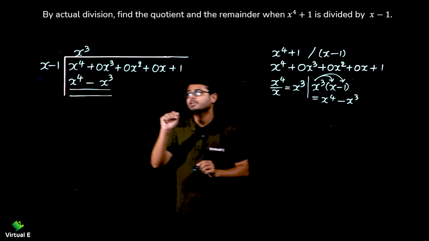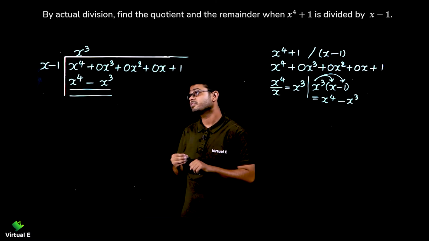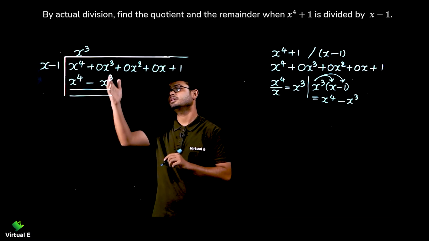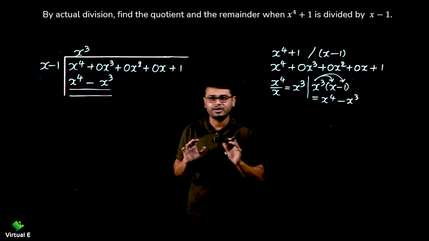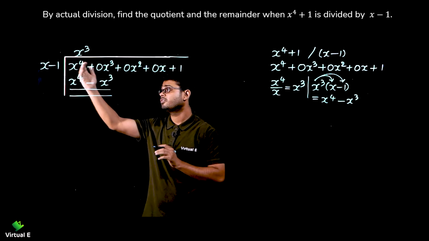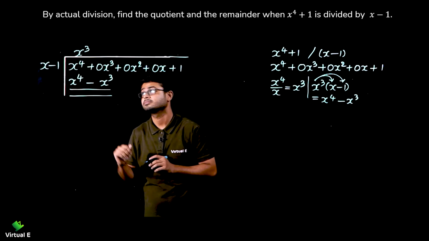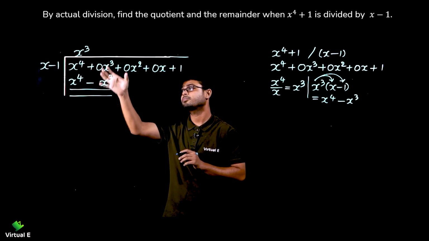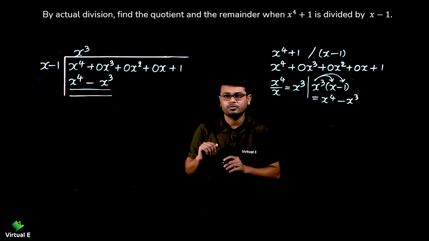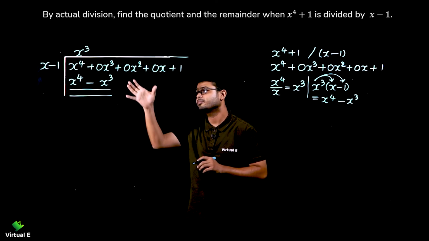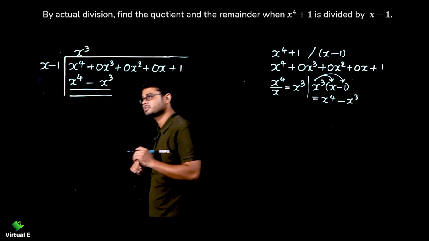So why did we write this 0x cube? Because of this reason. Suppose you don't write x raised to 3 over here, then how will you arrange it? Because how do we arrange so far? x raised to 4 below x raised to 4, x raised to 3 below x raised to 3, right? Just for the proper arrangement, we are writing this 0x cube and 0x square as well. So we get the proper arrangement and we don't get confused how to deal with that situation.